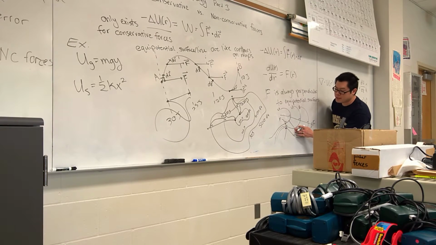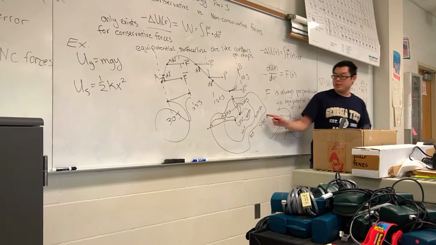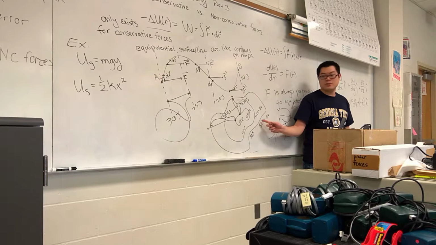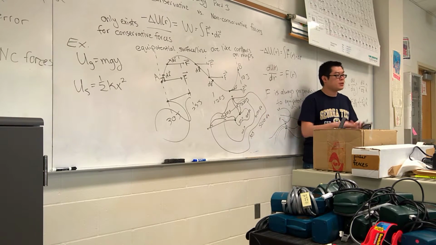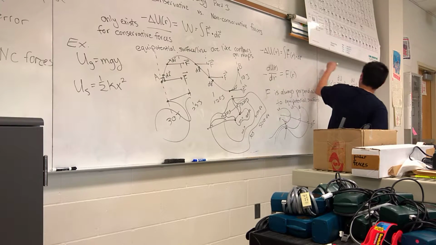Maybe another way to think about it too is I've only drawn a few potential surfaces, but you can imagine that there's an infinite number of potential surfaces that could fit. It's like a gradient. We'll get to that.